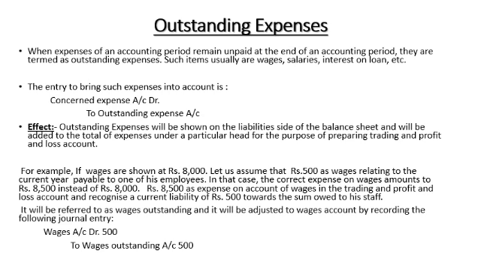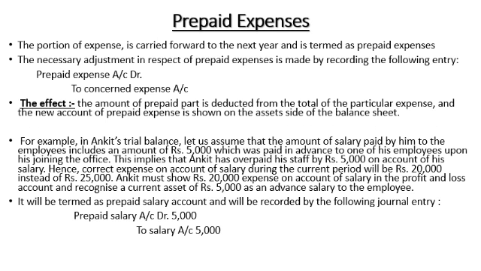Now see the third adjustment, prepaid expenses. The meaning refers to the part of the expenses which relates to the next year, or coming years, called prepaid expenses. What will be the journal entries? Prepaid expenses to the concerned expenses. That means, like prepaid salaries to salary, prepaid wages to wages.